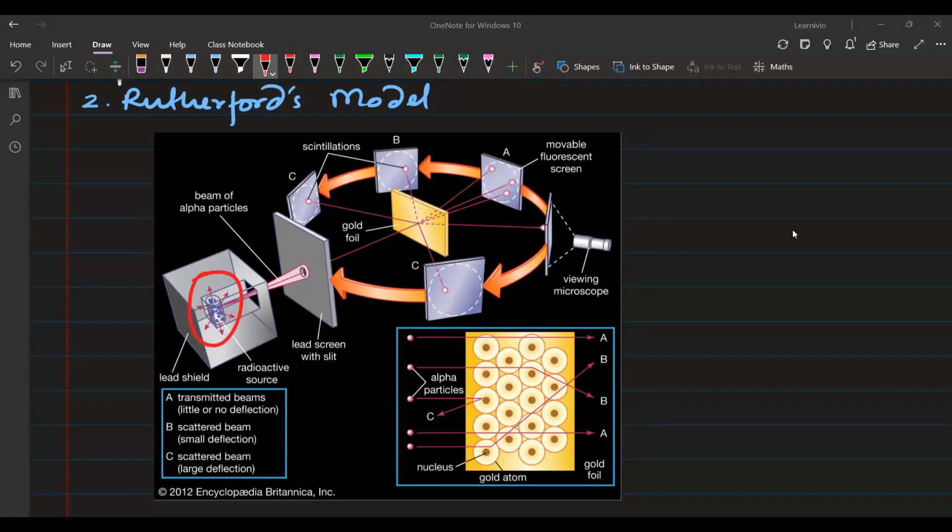What is alpha ray? Alpha ray is helium nucleus. Helium nucleus का मतलब क्या हुआ? Helium nucleus का मतलब हुआ you will be having helium 2 positive. There are 2 electrons in helium. You remove the 2 electrons, you will get the helium nucleus. So that is alpha ray.